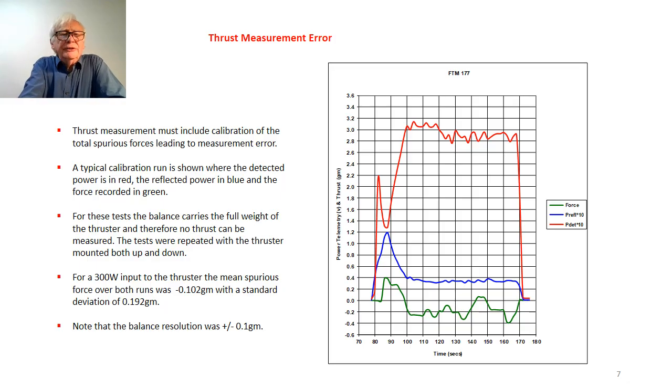So for the first 20 seconds of the test run, the thruster is stabilizing, and you can see that from the plot of the detected power. It flips up and down before it finally stabilizes at about 20 seconds after switch on.